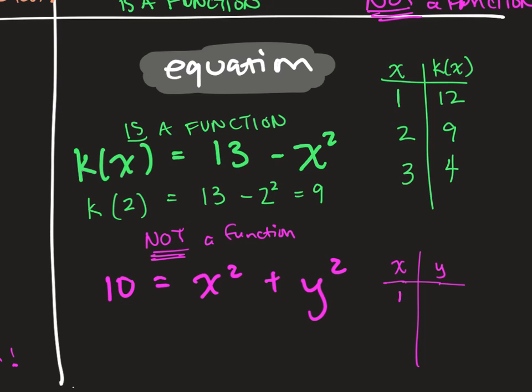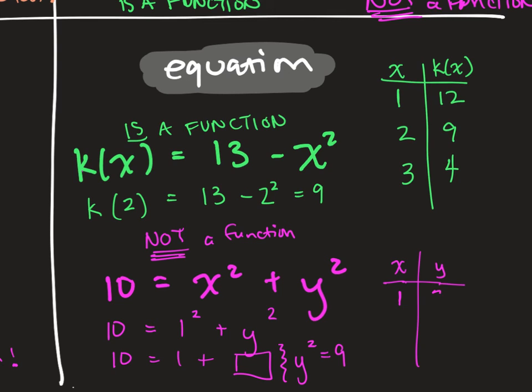Let's input 1. So I'm going to say 10 is equal to 1 squared plus y squared. Well, that's like 10 is equal to 1 plus some number. And that some number has to be y squared. Well, that has to be 9, so I can say, cool, y squared is equal to 9.